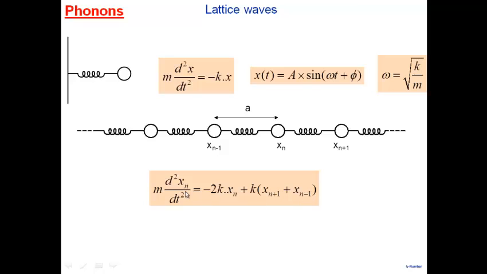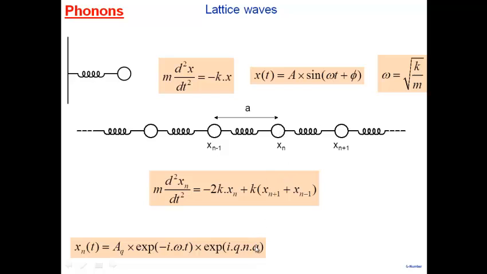Because the motions are all coupled together, if I want to solve, one can show that you can take a solution of this kind. You can take a solution for x_n(t), the motion of the nth atom, and write it as some constant, exponent minus i omega t, exponent i q n a. N, of course, refers to the nth atom.